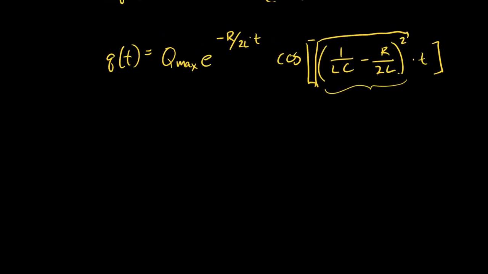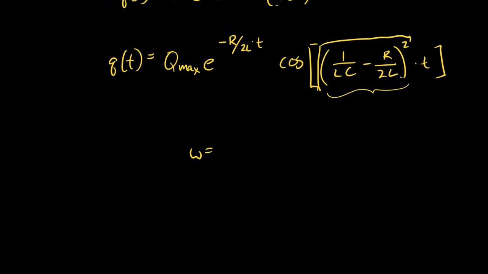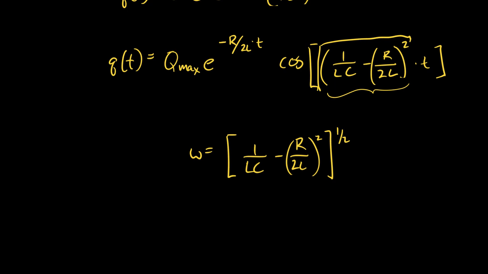If we look at the omega portion, omega just by itself is, this is how it's expressed in this book, 1 over LC minus R over 2L, squared, to the 1/2.